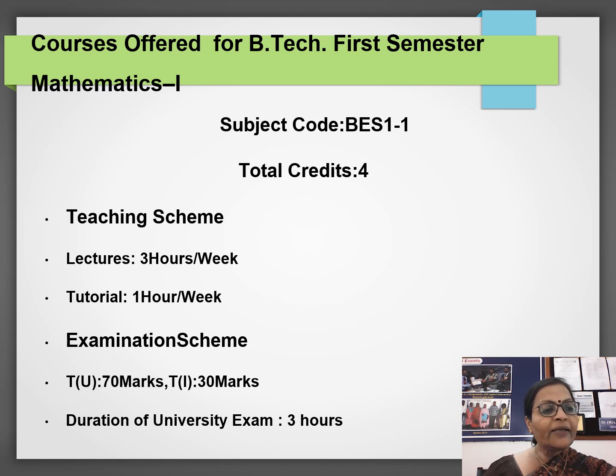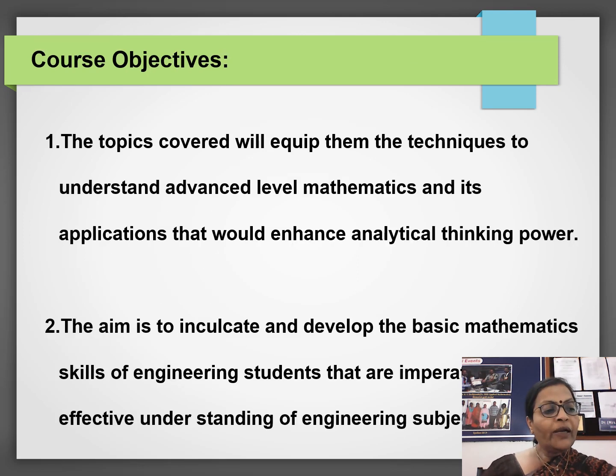Now, regarding examination scheme, out of 100 marks allotted to M1, 70 marks are for university question paper and 30 marks are for internal evaluation based on CAT 1, CAT 2 sessional exams. Now, let us discuss objectives of this course.